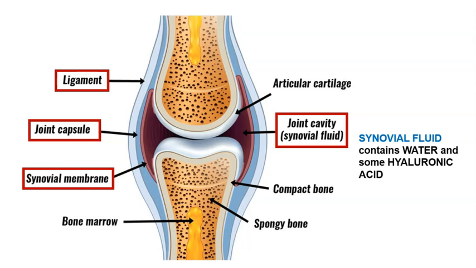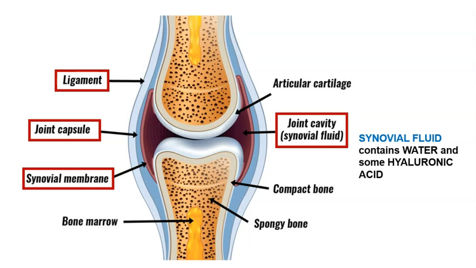Typically, we also see that there are reinforcing ligaments that surround and support the joint capsule. These ligaments are technically not part of the synovial joint capsule itself, but instead they help to reinforce the joint from the exterior. The ligaments, just like other ligaments in the body, are composed of dense regular connective tissue.